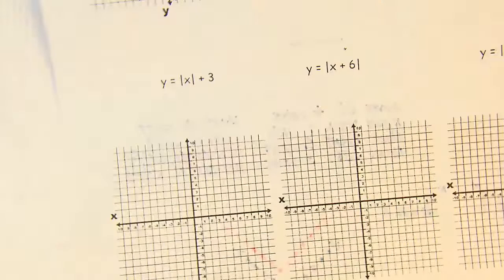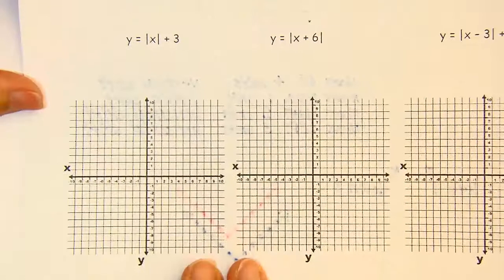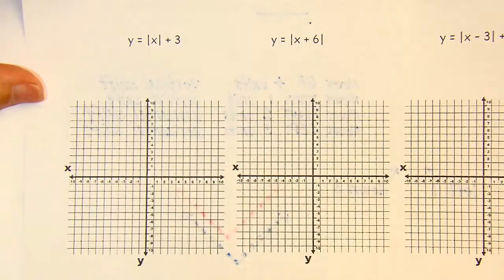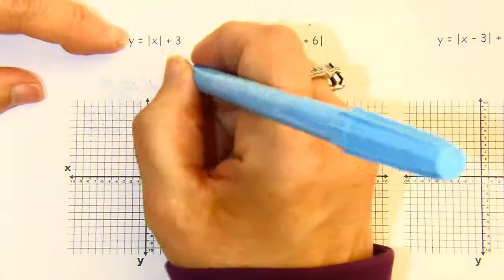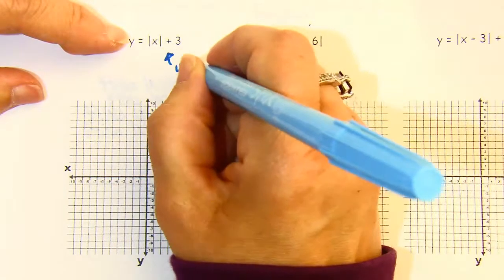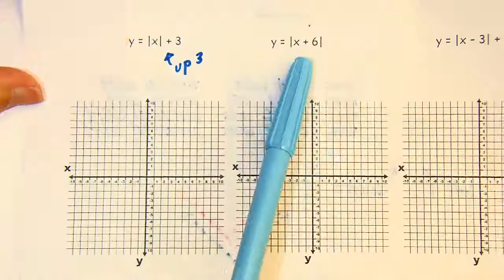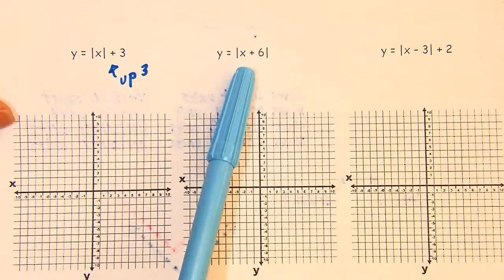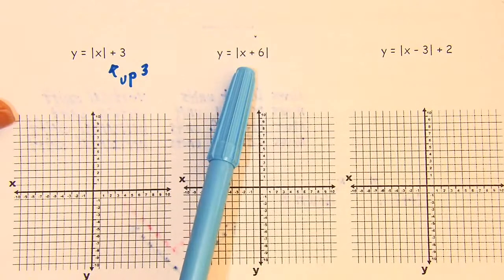All right, the next one. Y is equal to the absolute value of x plus 3. Again, we're not grouped with x, so we're not moving on x. This is moving up 3. This one, what's your guess? My guess is this is moving either left or right.